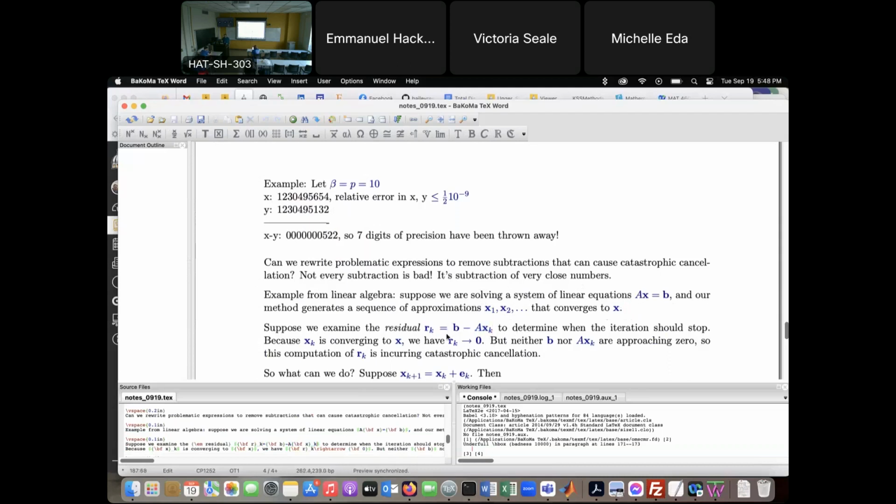So you're subtracting two vectors that themselves are not small, not close to 0, but the result is close to 0 as the iteration proceeds. So this is not a good idea. It's an example of catastrophic cancellation. Two large vectors subtracted give you something small. But we can do something about it.